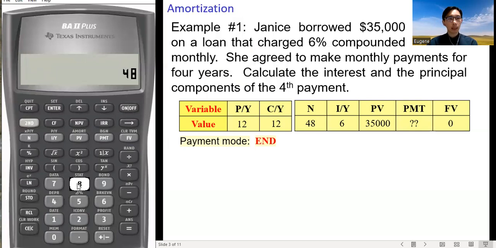Enter 48 for N. 6 for IY. And then PV is 35,000. Zero for FV. And we compute PMT.